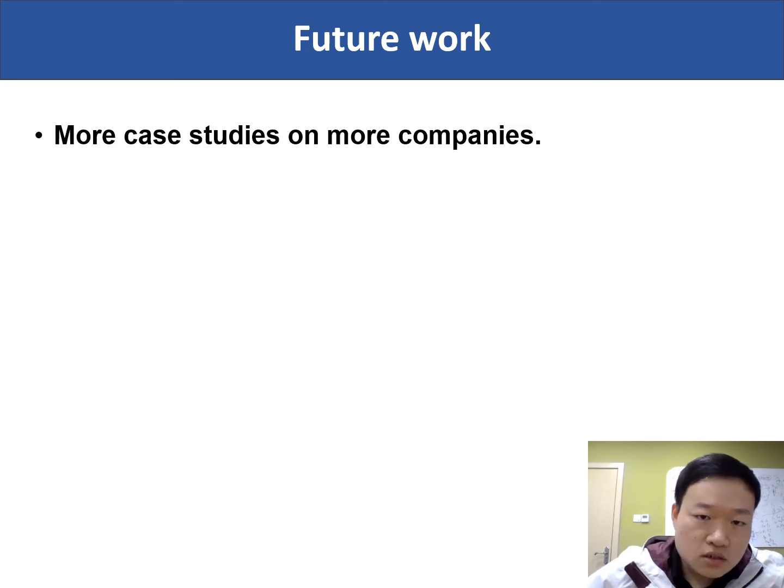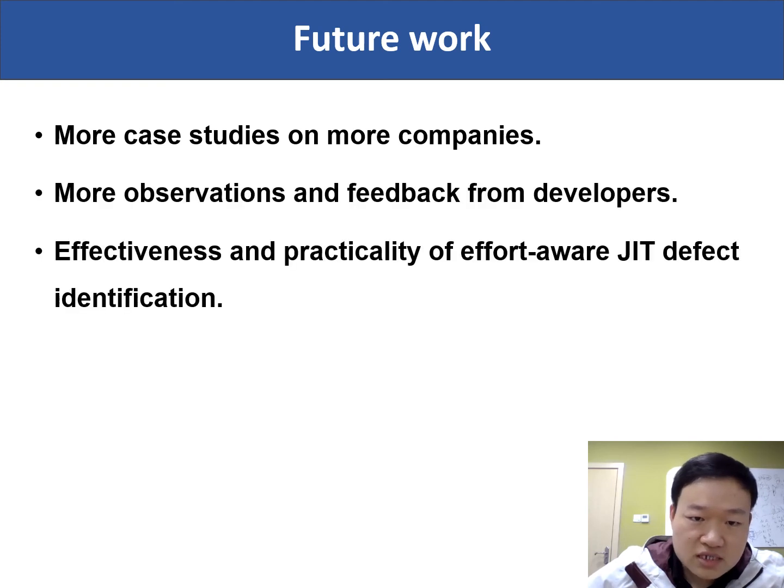In the future, more case studies and more companies are needed. Additionally, more feedback from developers is needed to improve the effectiveness and the practicality of Effort-Aware JIT defect identification further.